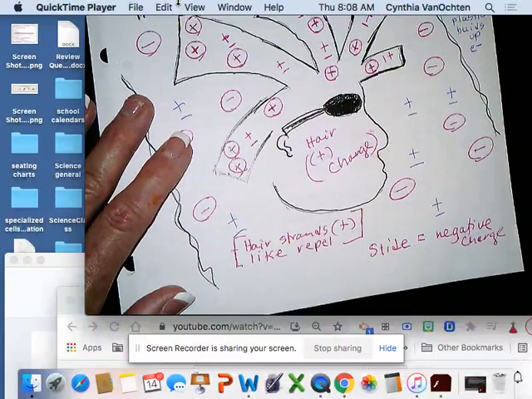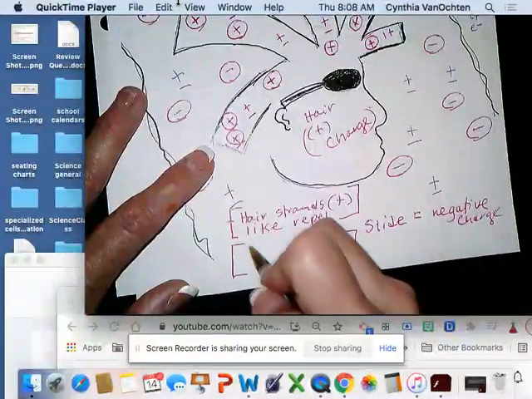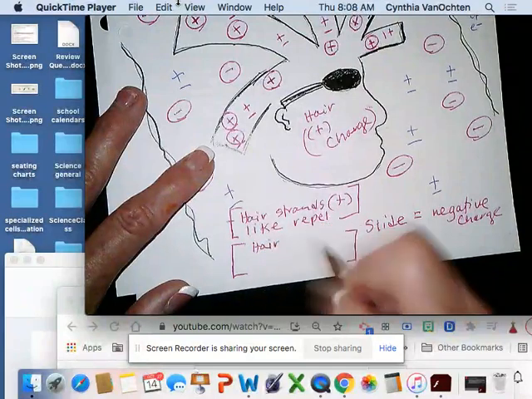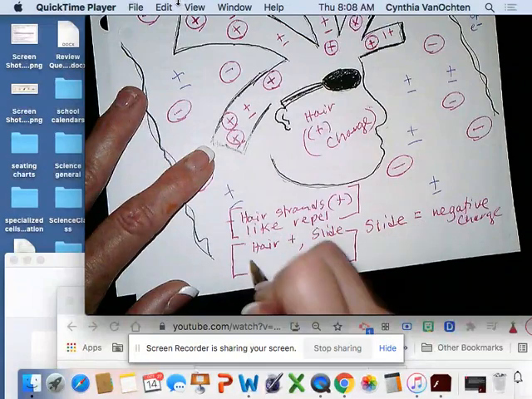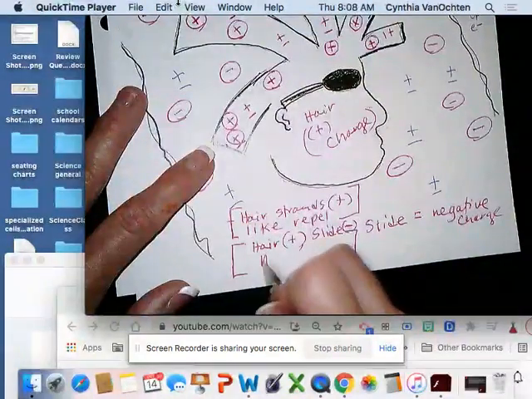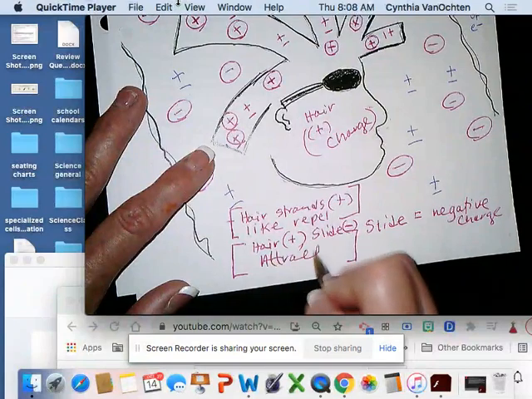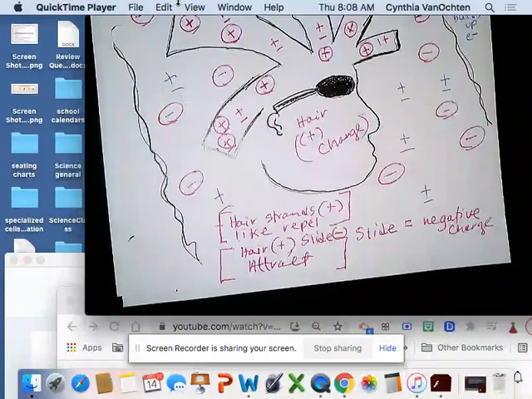That's part of the reason the hair stands on end. Another reason is that hair is positive and the slide is negative, so those two things attract each other. So there are probably a couple of factors causing the hair to stand on end.